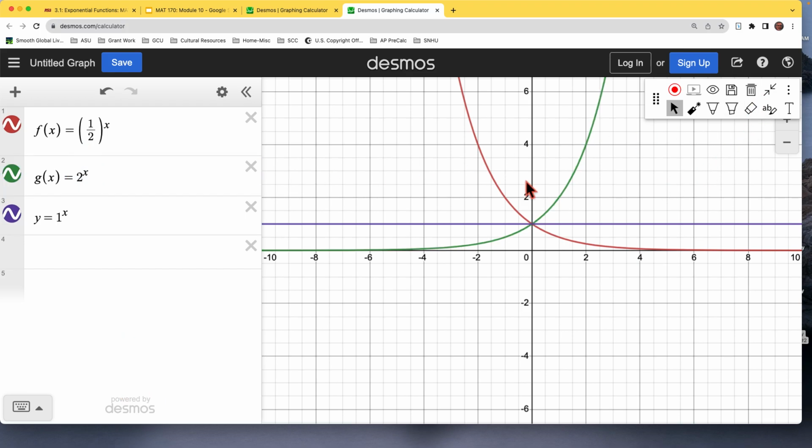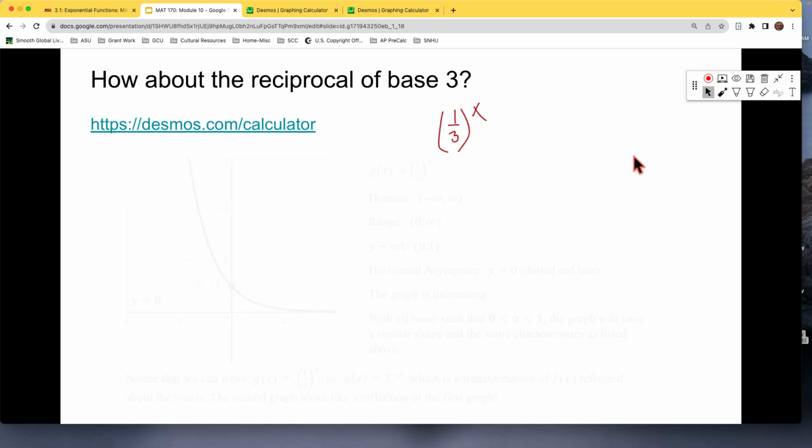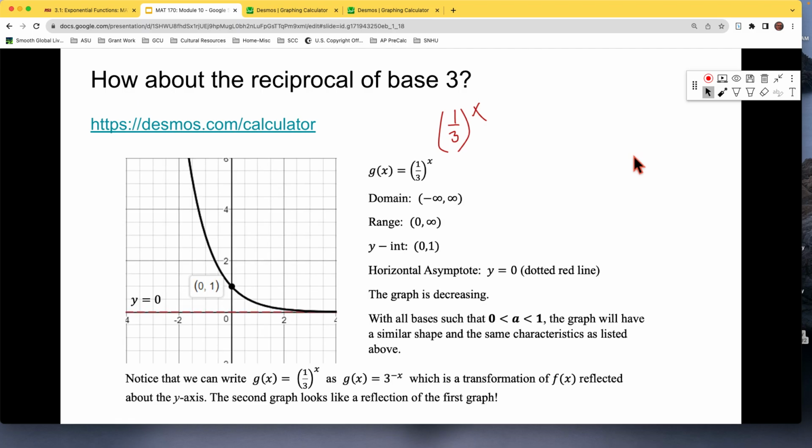That's okay. So we can kind of see a relationship between 3 to the x and 1/3 to the x. One gives us an increasing function, one gives us a decreasing. And so we see, yes, it's coming the other way.